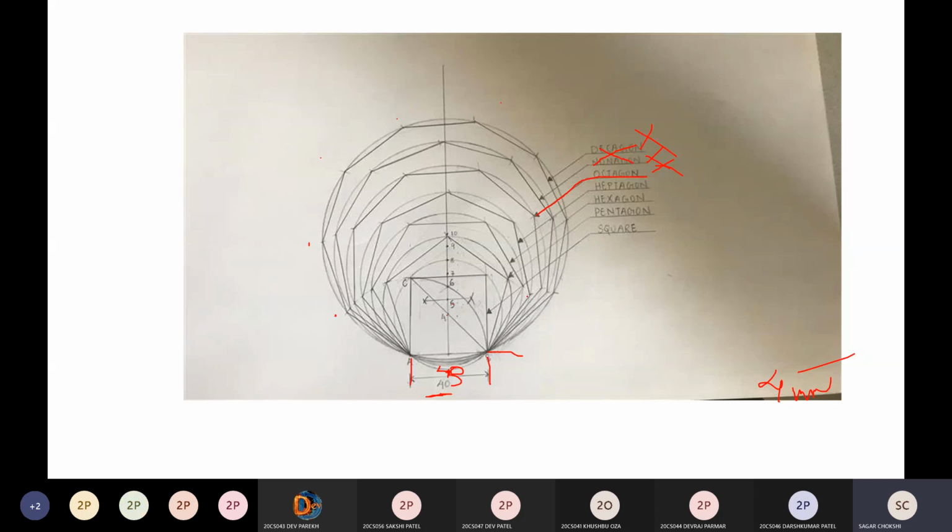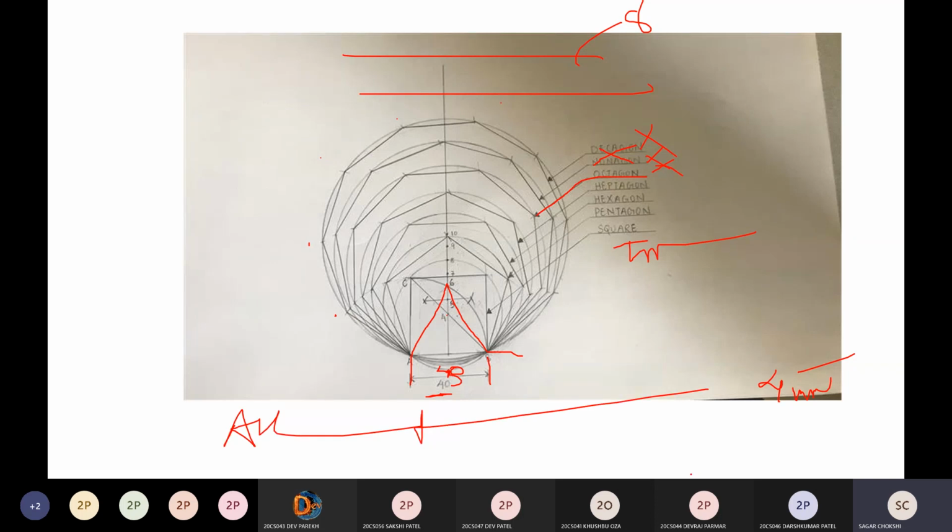Then the triangle is remaining here. Even the title is remaining with the 8 mm stencil. Here you can write all the dimensions are in mm with the 4 mm stencil.